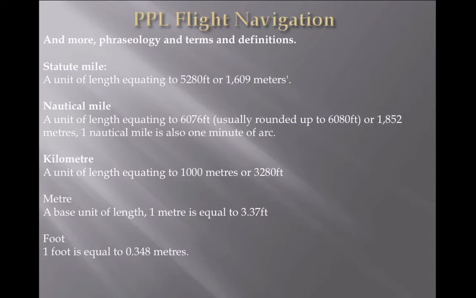Kilometre, unit of length equating to 1,000 meters or 3,280 feet. A metre, base unit of length, 1 metre is equal to 3.37 feet. And that, funny enough, was on the exam. 1 foot is equal to 0.348 meters.